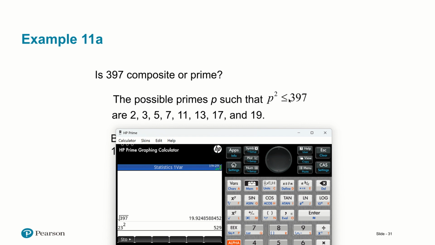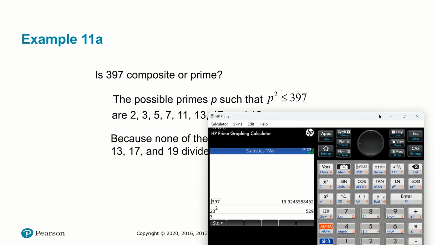You try 3 because the sum is not divisible by 3. 3 plus 9 is 12, plus 7 is 19, which is not divisible by 3. It's not 5 because it doesn't end in 5. It's not 7 because 397 divided by 7 is not a whole number.